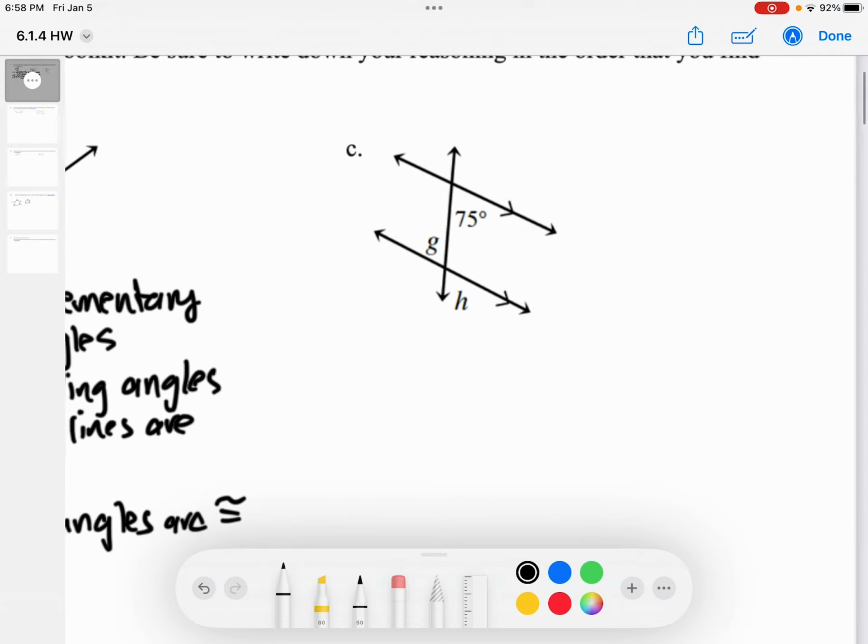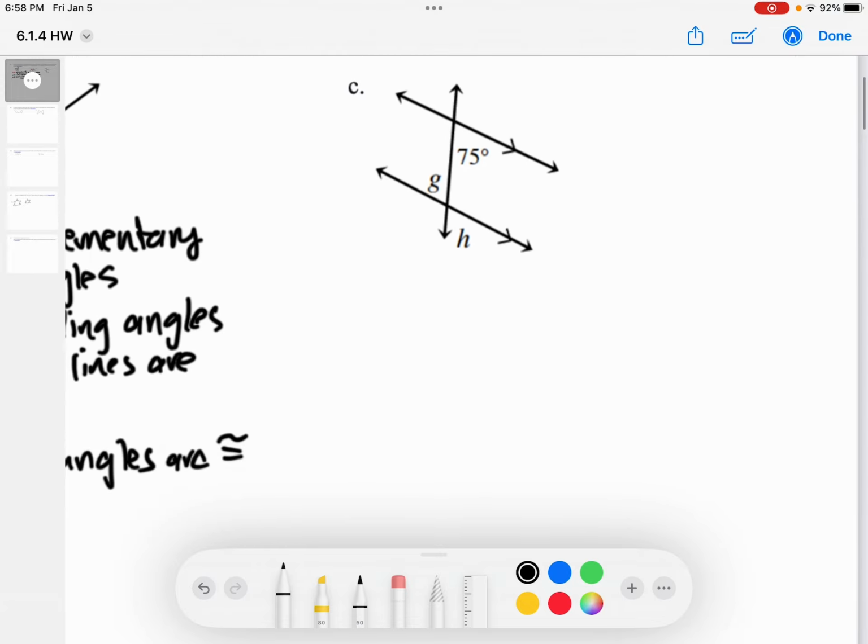Okay, and our last diagram, let's see, they tell us that this is 75, and let's just kind of orient ourselves. Here's our two lines that are parallel, and here is our transversal. So G and 75 are alternate interior angles, right?